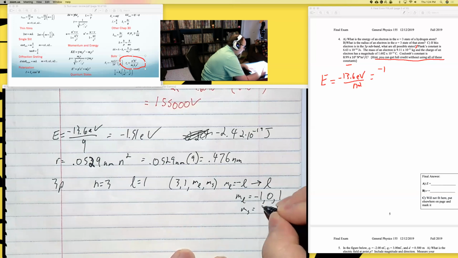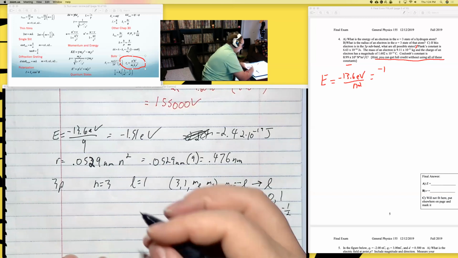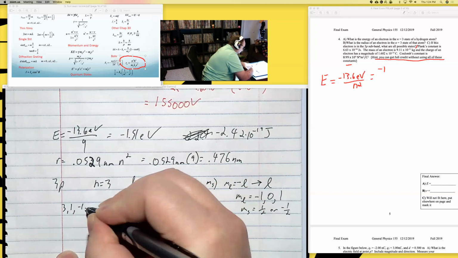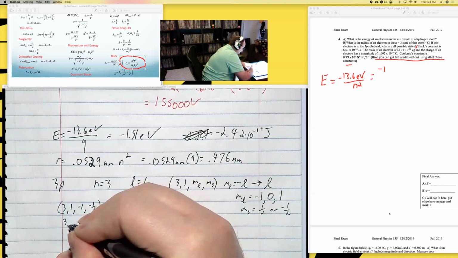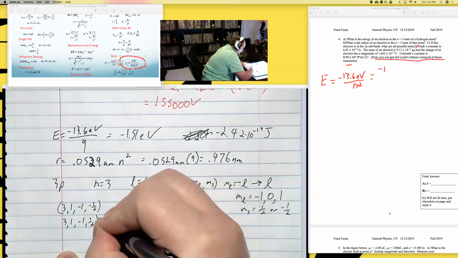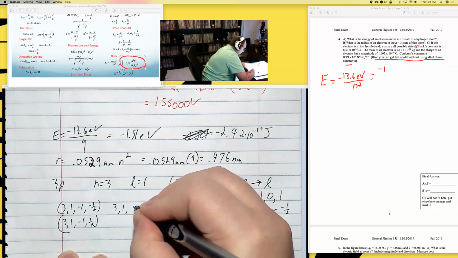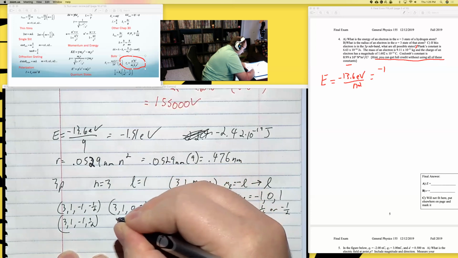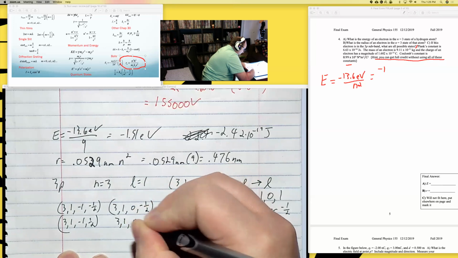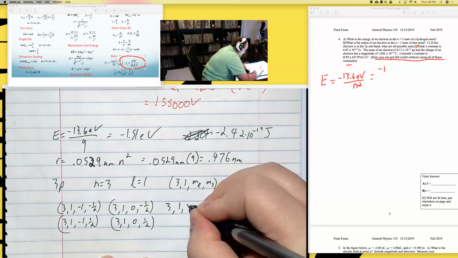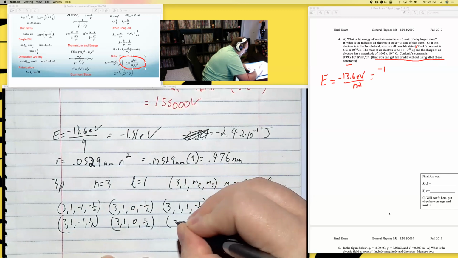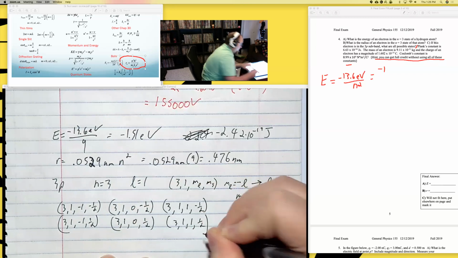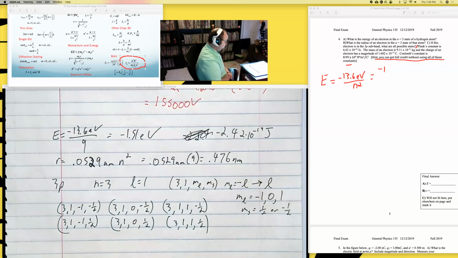And m_S is always 1/2 or negative 1/2. And so all my possible states are going to be 3, 1, negative 1, negative 1/2; 3, 1, negative 1, 1/2; 3, 1, 0, negative 1/2; 3, 1, 0, 1/2; 3, 1, 1, negative 1/2; and 3, 1, 1, 1/2. And that's it.